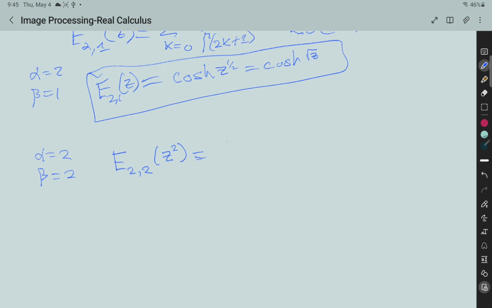I'm just going to write the infinite sum, going from 0 to infinity, of z squared raised to the k power, and the gamma function is 2k plus 2.